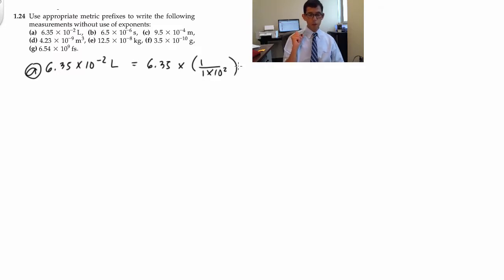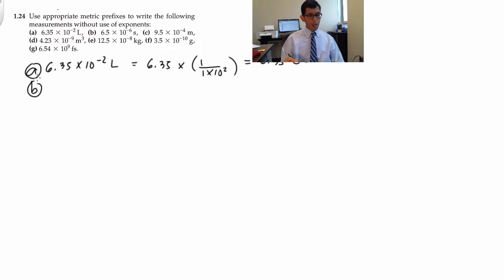What is 1 over 100? That will be centi. So then that is 6.35 centiliters. Centiliters, 1/100th of a liter.